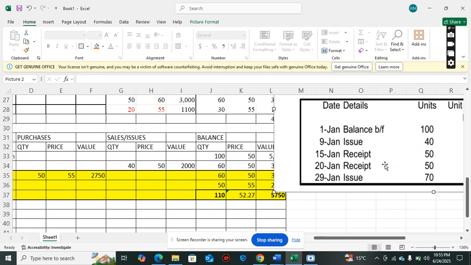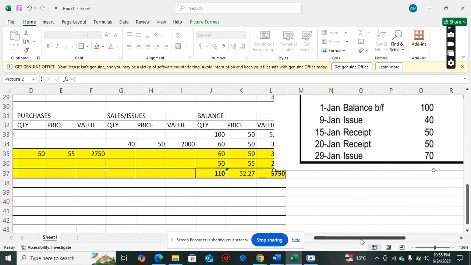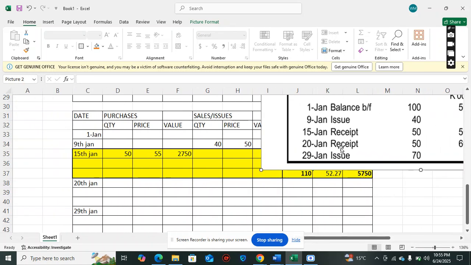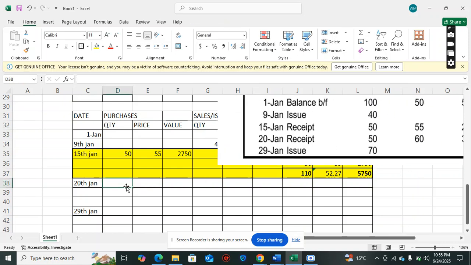We have another receipt. Okay, 20th January, another receipt, 50 units at 60 kwacha. 3,000.